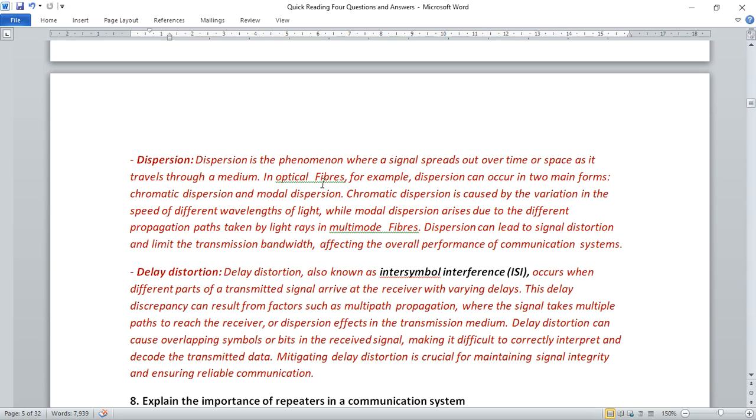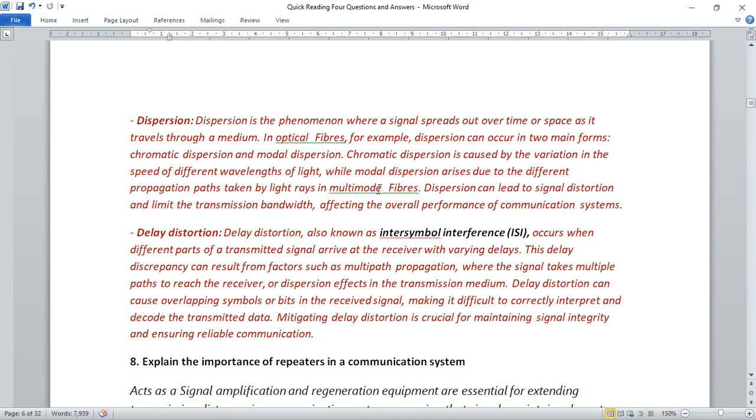In optical fibers, for example, dispersion can occur in two main forms: chromatic dispersion and modal dispersion. We don't need to go into much detail, but for your own understanding and for content, make sure you read more on that.